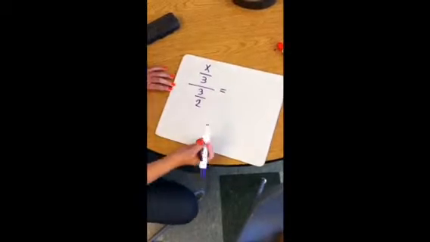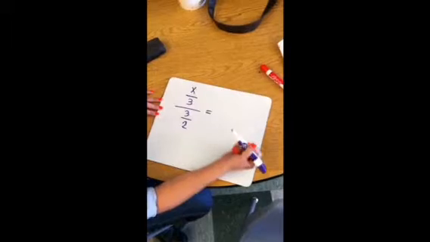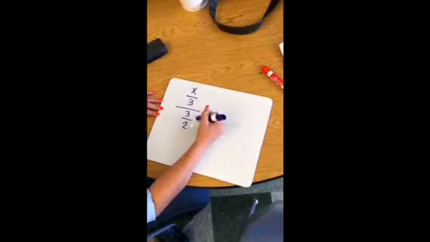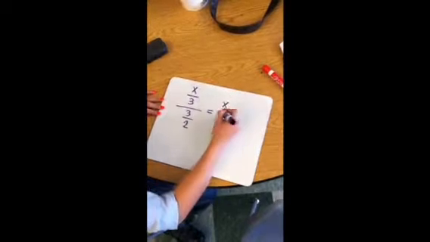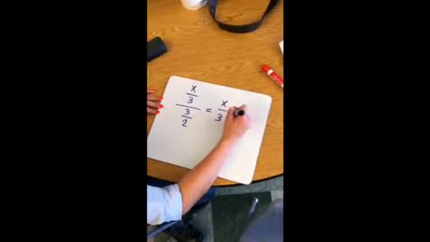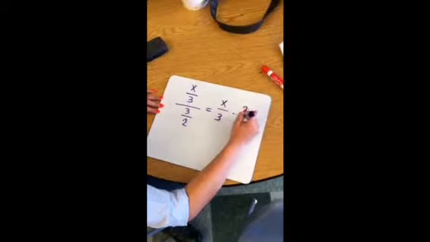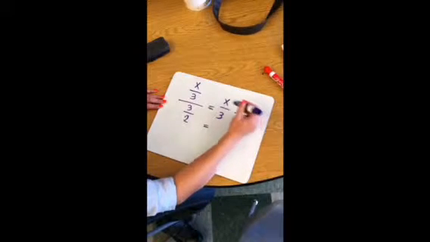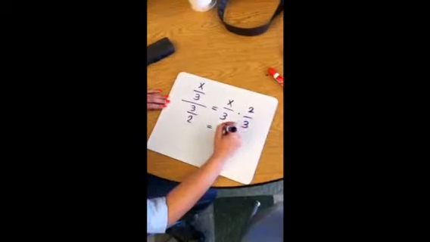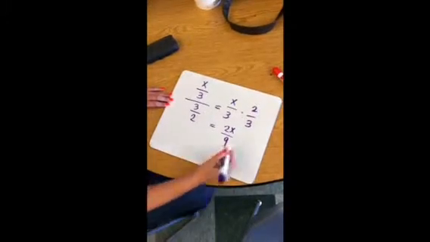The same method that we used for the previous problem: keep the top the same and flip the numbers at the bottom, or the denominator. So x/3 times the flipped numbers, which is 2/3. Multiply these across and you get 2x at the top and 9 at the bottom. And this is your answer for this complex fraction.